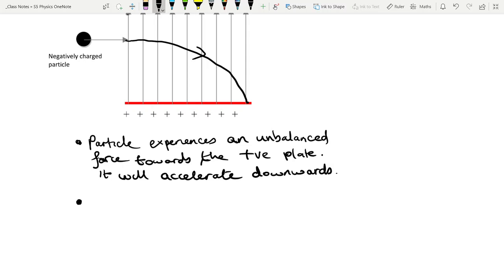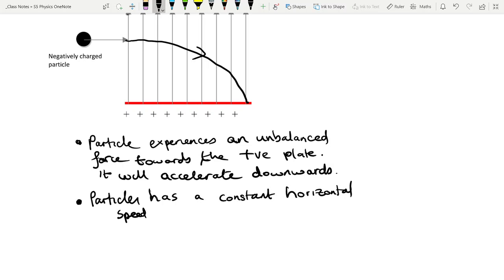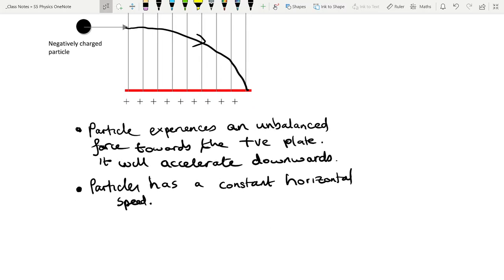But also, the particle has a constant horizontal speed. It will curve downwards, like a projectile.